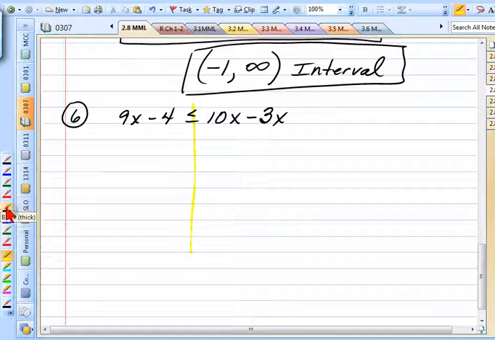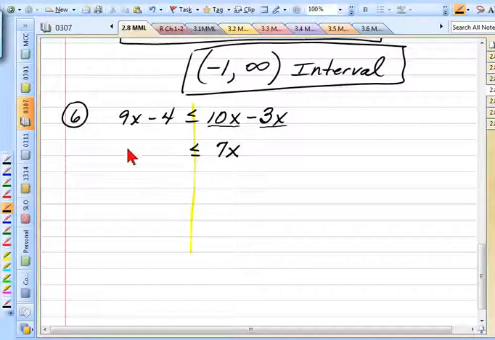I think somebody said combine. Somebody else said subtract 10x. Now, step number 1 is simplifying. And there are like terms on the right-hand side. So before you go off and try to move the 10x, recognize they were like terms and call that right side 7x. So I have 9x minus 4 is less than or equal to 7x.